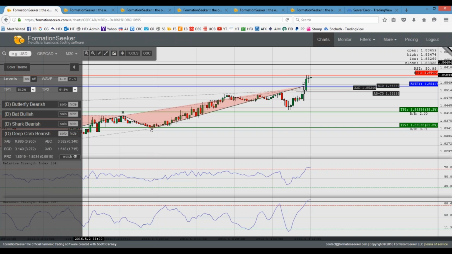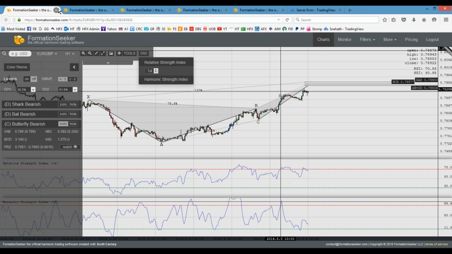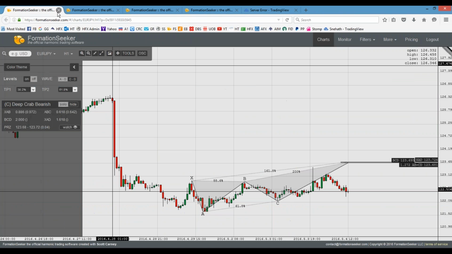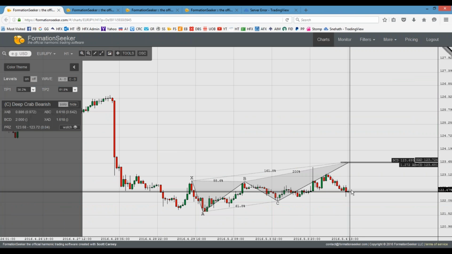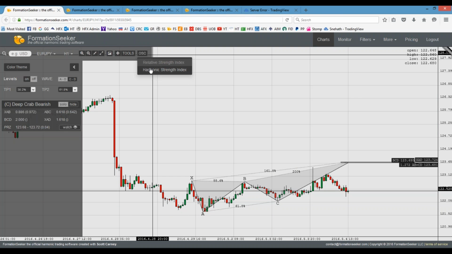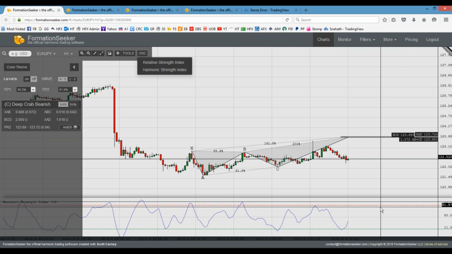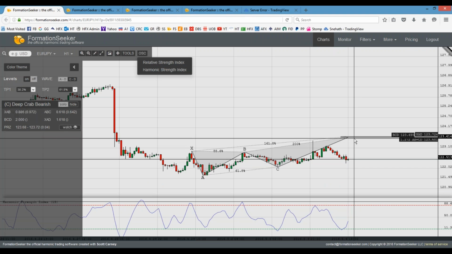Okay, so we are done with pound CAD. We covered euro pound, what we're trying to short. Euro yen. Now euro yen has a short somewhere around, well, at least about 100 pips above.